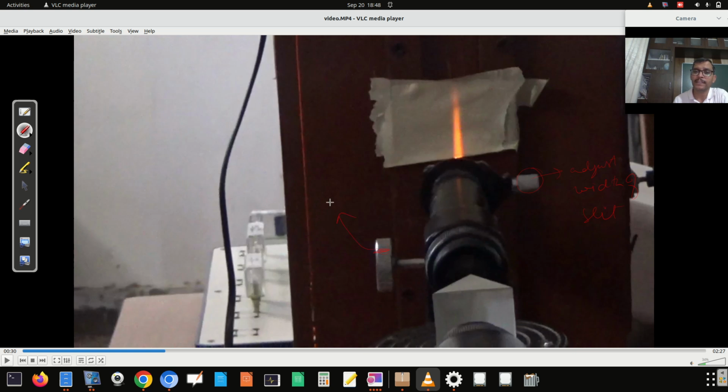And this is to fine tune the focal length so that a parallel beam is formed. This arrangement is known as the rack and pinion arrangement, right?